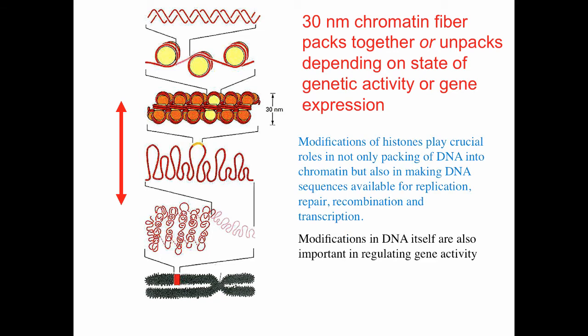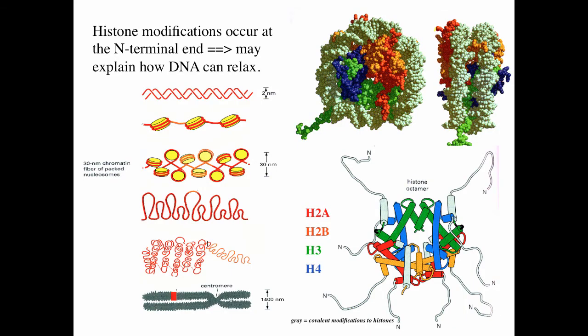Modifications in DNA itself are also important in regulating gene activity, and you should have a reasonable appreciation of this from your studies of biochemistry. As you might remember, histone modifications occur at the N terminal end, and these modifications may explain how DNA can relax.